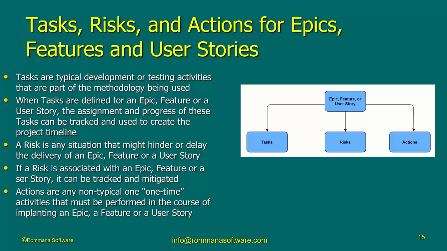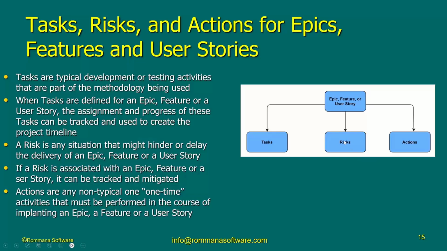This slide and the upcoming slides have to do with feature-based project management. This specific slide talks about how you can create tasks, risks, and actions for an epic or a feature or a user story. And keep in mind, those are all Rommana ALM entities. They're not ADO entities.